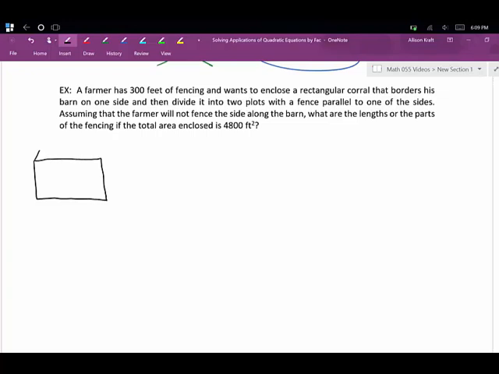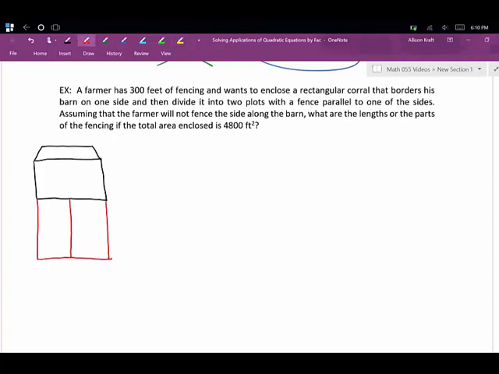So here's our barn. And we're building a corral using the barn as one of our sides, and then we're dividing it in half with that division line being parallel to two of the sides.